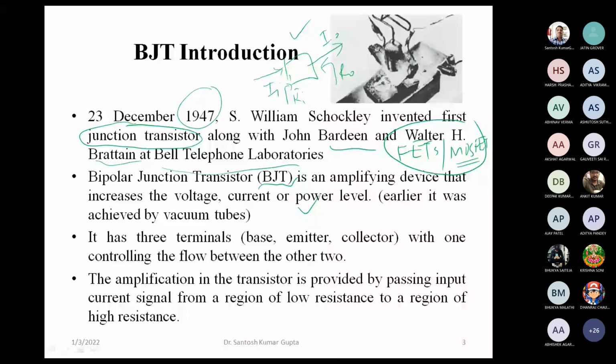So MOSFETs we will also look at in the latter part of this course. But historically, BJT came first, so we start with this.